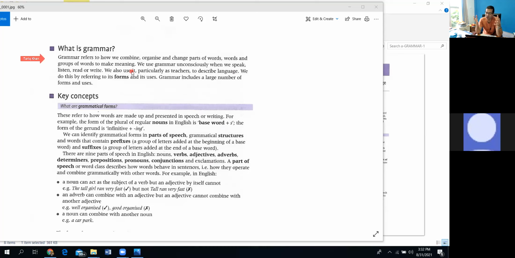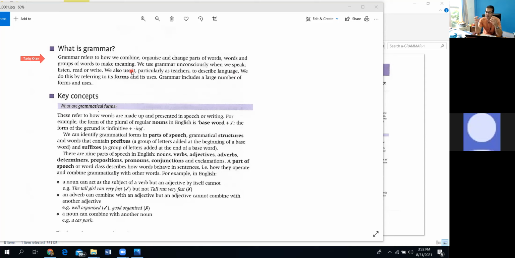So grammar is one way of describing our language, like in which sense we are talking, what grammatical aspect we are using there. Is it that I'm talking to you in present time or past time, or I'm talking about the future time? Okay, so I'm using adverbs or adjectives, emphasizing on something, prepositions I'm using for different other things.